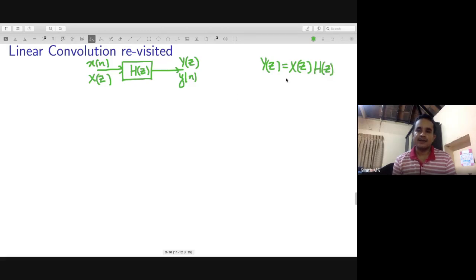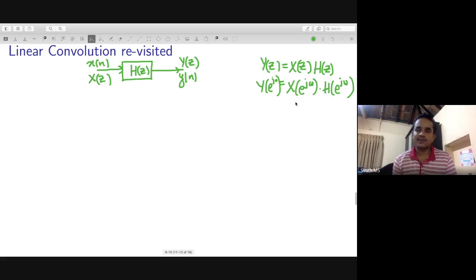So if you write this in terms of frequency response, this can be written as X(e^{jω}) into H(e^{jω}), same as Y(e^{jω}). So you multiply, so this is the frequency response.